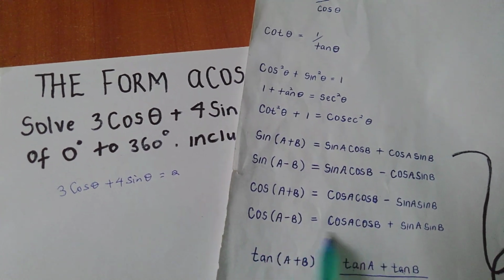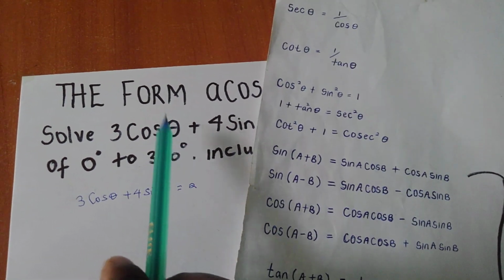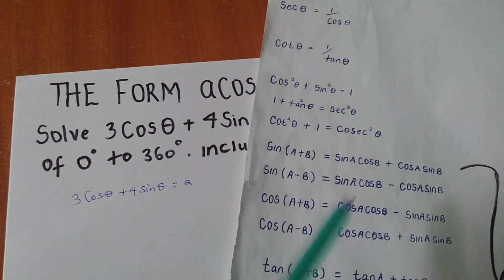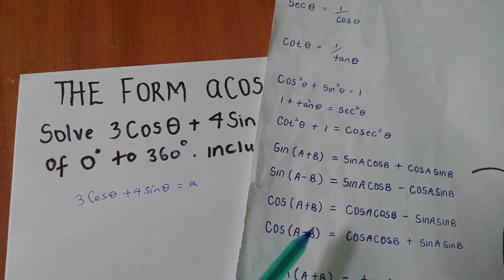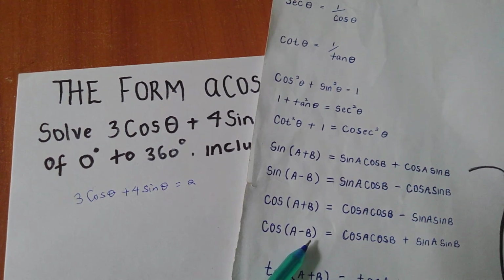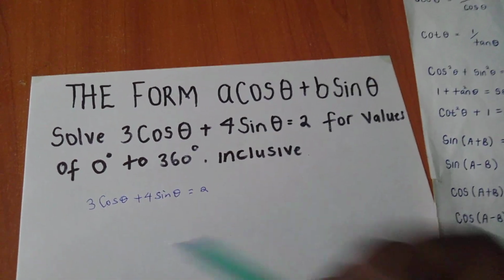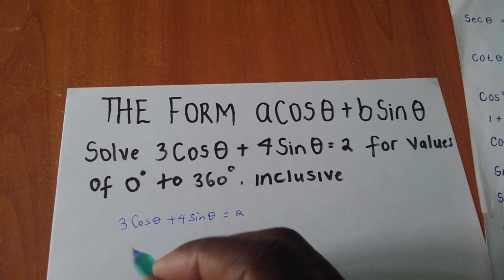So I'm going to choose this identity from the compound angles to help me solve what I have, but instead of A and B, I'll have θ and α this time. So I'm going to rewrite something which is almost relating to that.